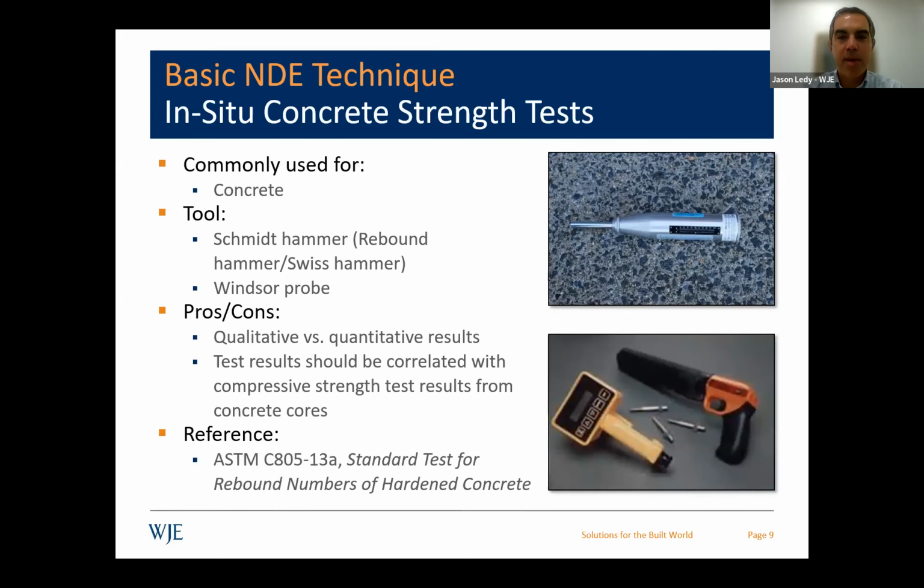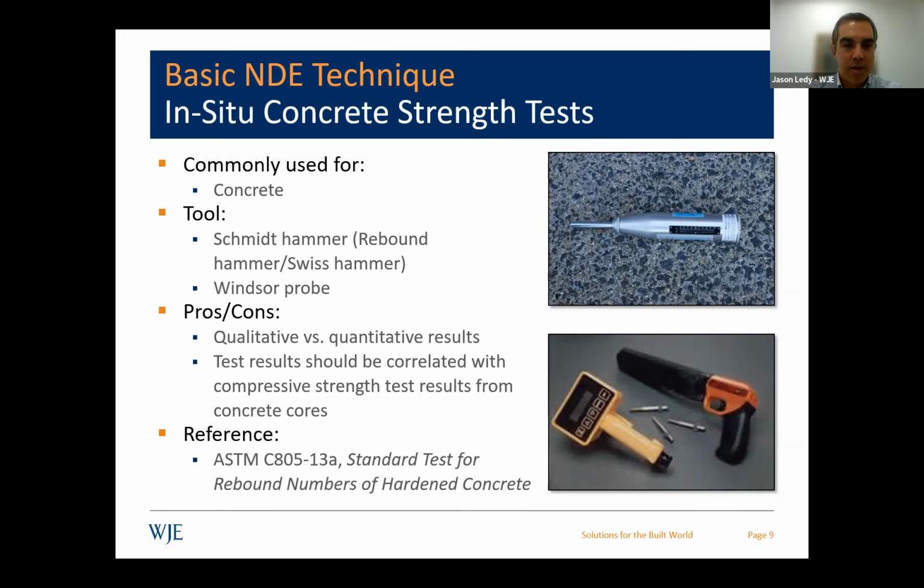Another basic NDE technique is evaluating concrete with devices such as a Schmidt hammer or a Windsor probe. Essentially, a Schmidt hammer is a handheld device that imparts an impact on the surface, and it gives you, I would say, relative strengths. So that doesn't give you an exact value for compressive strength.